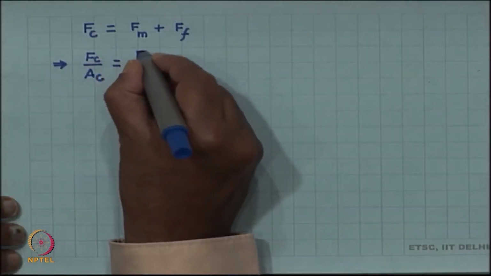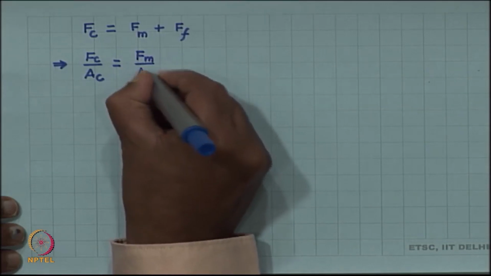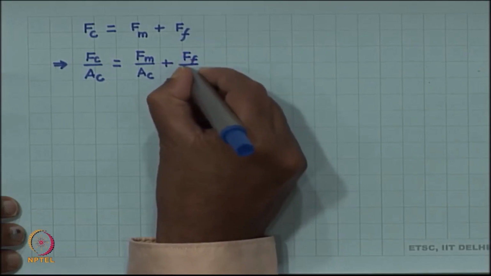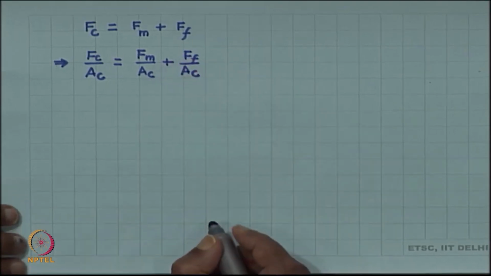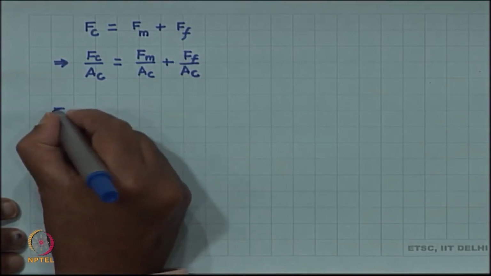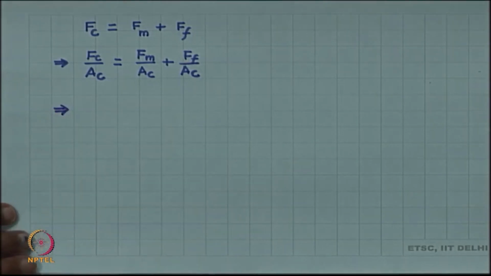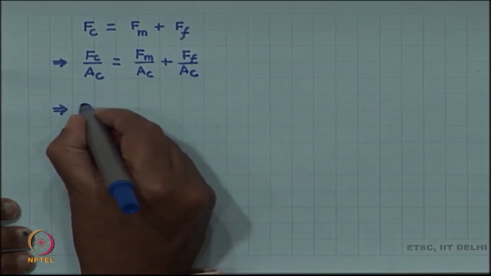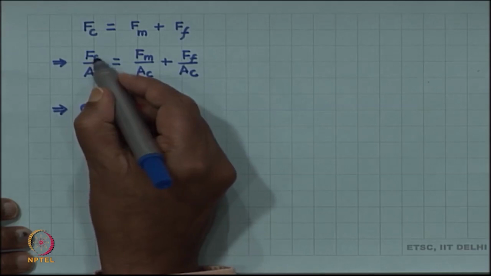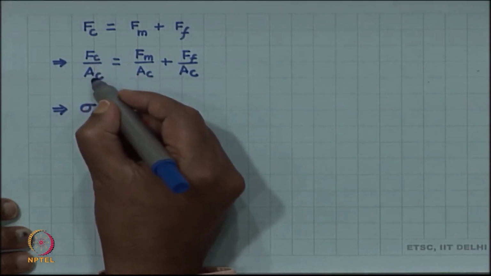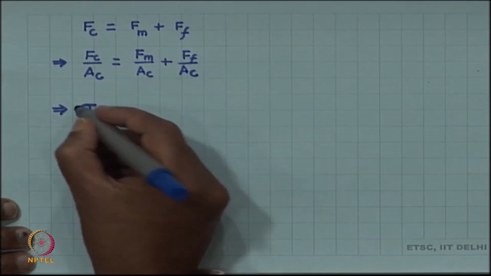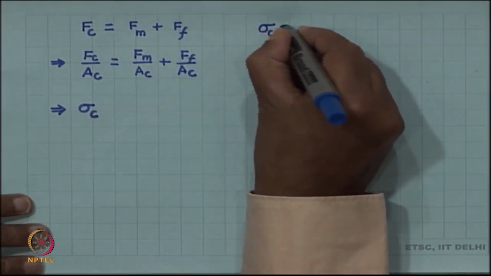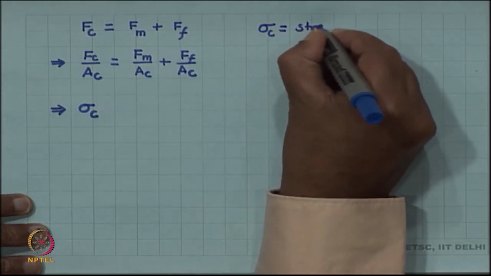So, we write it as Fm by Ac plus Ff by Ac. We can call this force on the composite cross section divided by the area of the composite cross section the stress in the composite, sigma c.